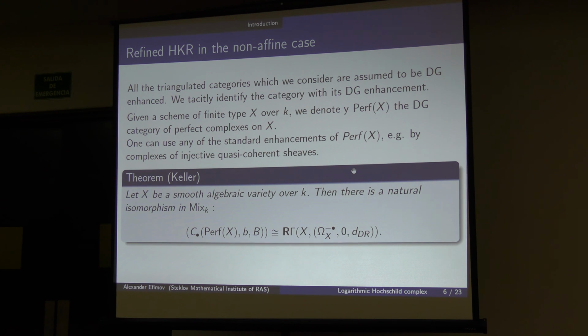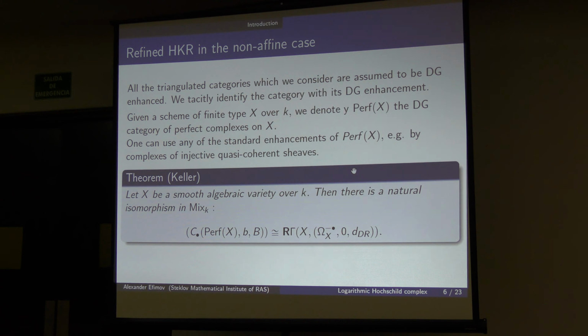So there's a result of Keller, which is a generalization of Hochschild-Kostant-Rosenberg to the non-affine case, which states that if you take the mixed complex associated with the DG category of perfect complexes, you will get just R gamma of the mixed complex which we already considered before.